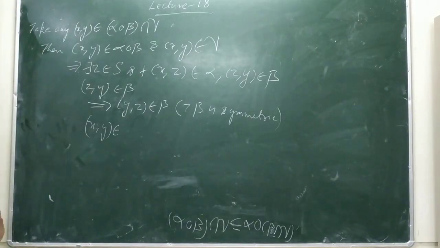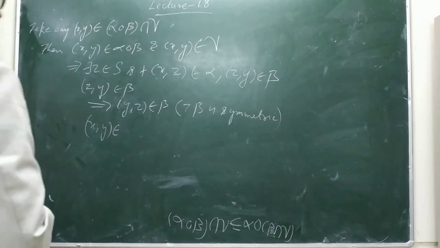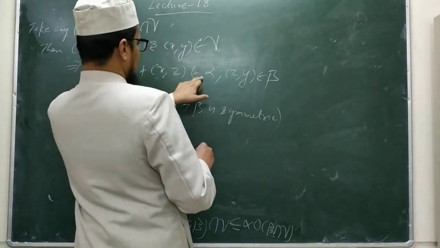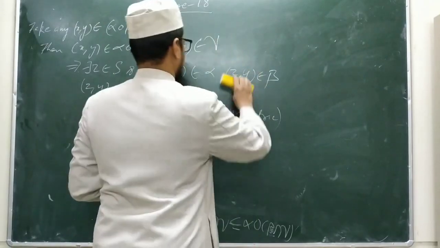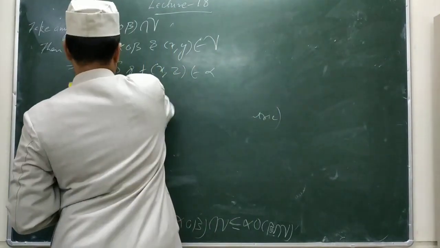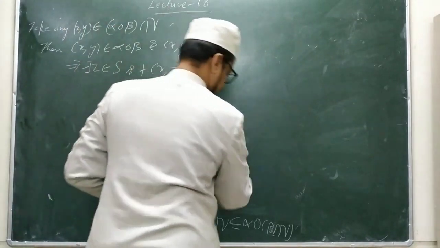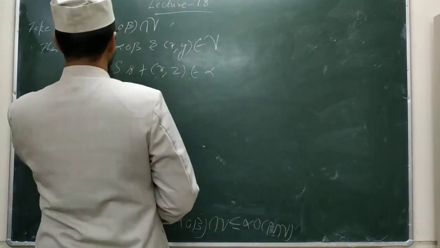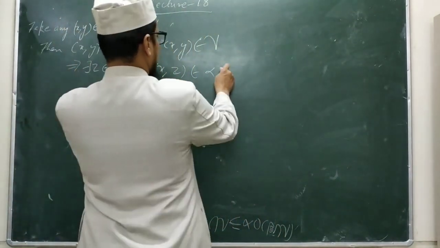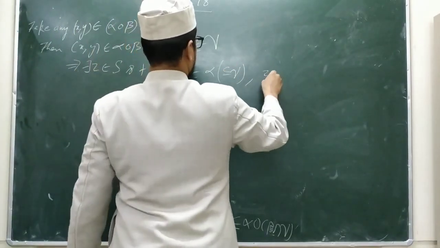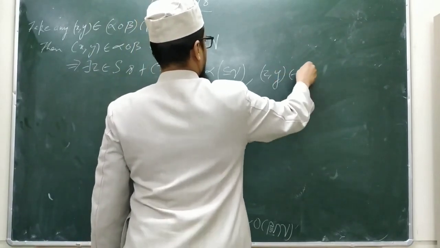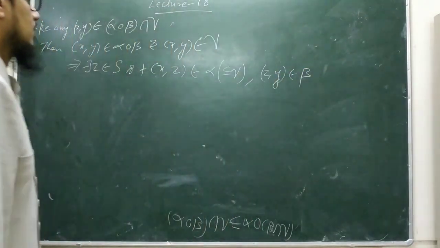Basically we need to show that something is in beta intersection gamma. Correct? Now we have one thing more, we have alpha contained in gamma. Here I just write like this, such that x comma z belongs to alpha, and alpha is contained in gamma, and z comma y is in beta. This we have. Correct?